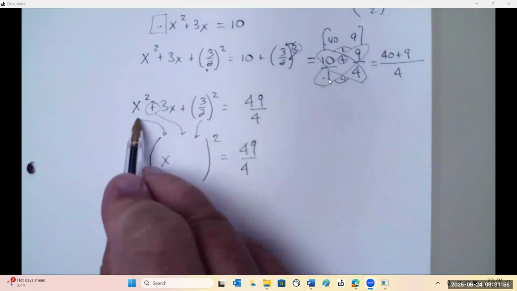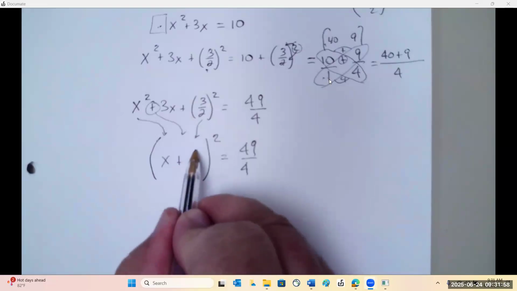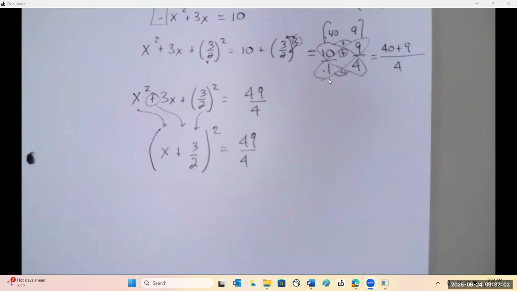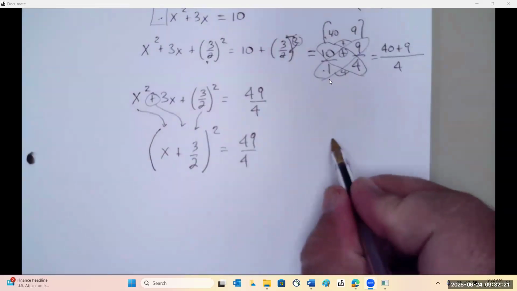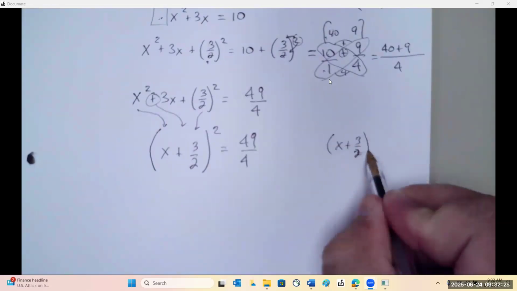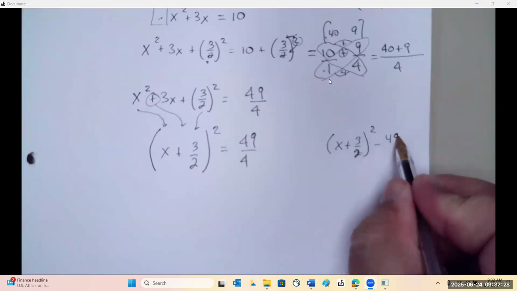So it's x plus 3 over 2. We've completed the square. Because now at this stage, if we wanted to, if we move the 49 over 4 to the other side, we'd get x plus 3 over 2 squared minus 49 over 4.